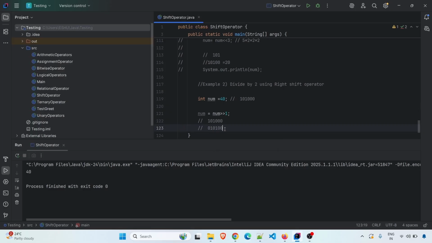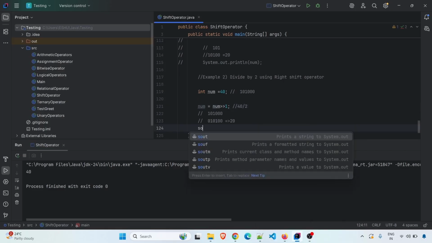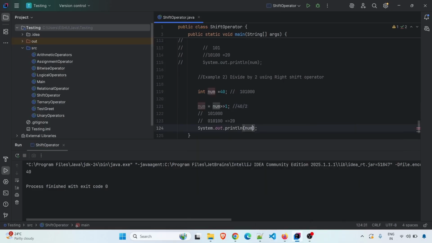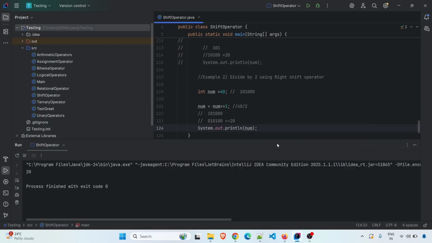So if you see, this is the binary representation for 20. So what has happened here? 40 divided by 2. So we will get output as 20. If I print this, I should get output as 20. Yeah, so by using right shift operator, you can divide the number by 2.